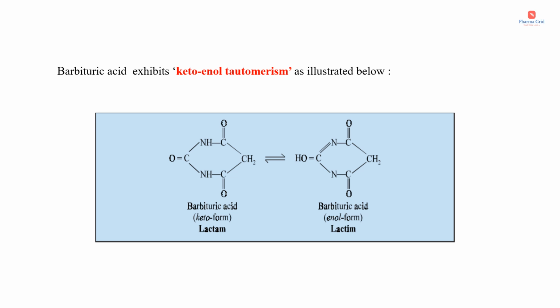Therefore, in the injected form, the drug is not initially lipid soluble and would not be expected to enter the brain readily. So once in the circulation, the enol form undergoes a structural change called tautomerization to a keto form, which is more lipid soluble. This is known as keto-enol tautomerism. This is an equilibrium condition.